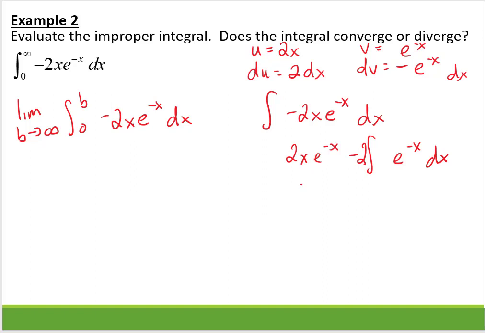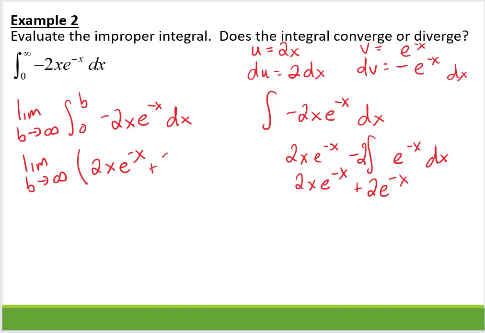So now my antiderivative of this, plus c, but really now I can jump here and say that this is 2x e to the negative x plus 2 e to the negative x.